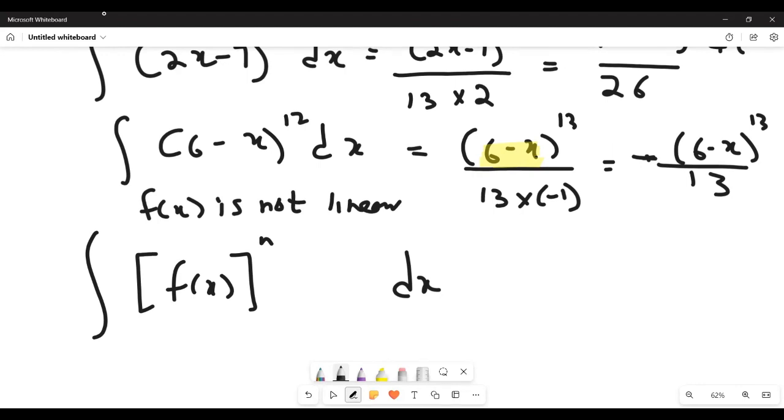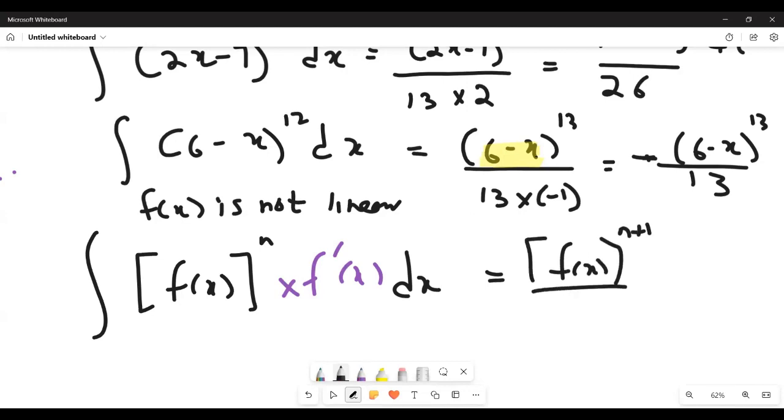When that happens, you must be given the f prime x, the derivative of f(x), multiplied to f(x) power n. Only then can we move forward. And how do we move forward? The result of the integration is simply going to be f(x) power n plus 1 upon n plus 1. That's it. Plus c.